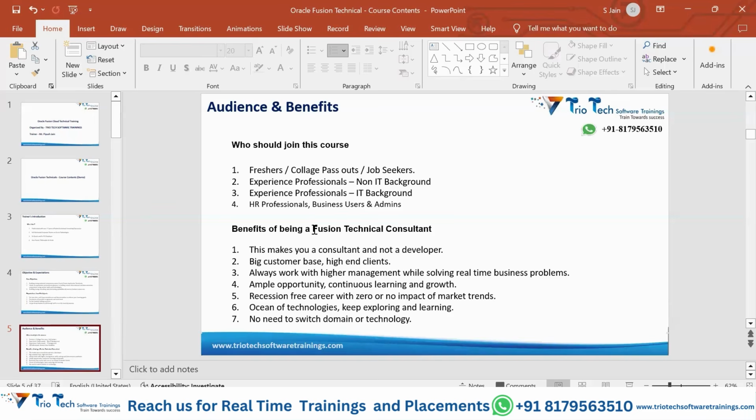The main advantage is that whatever background you belong to, you do not need to switch your current domain. Even after you become a Fusion consultant, you do not need to switch domain or technology for the next 20 years. The reason being, Oracle is an ocean of technology and keeps introducing new concepts and technologies, so there is no repeated work.